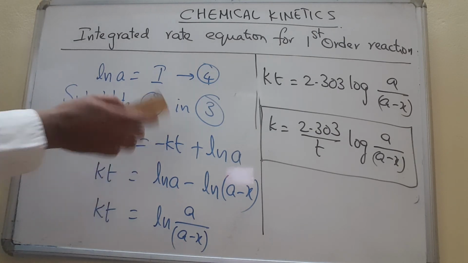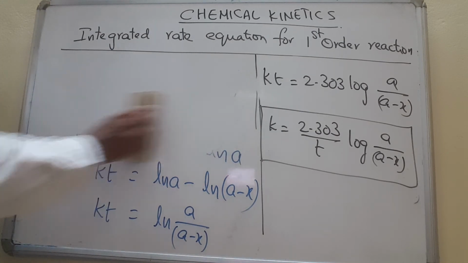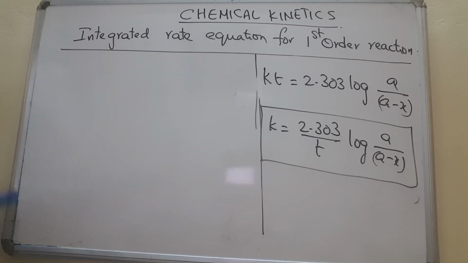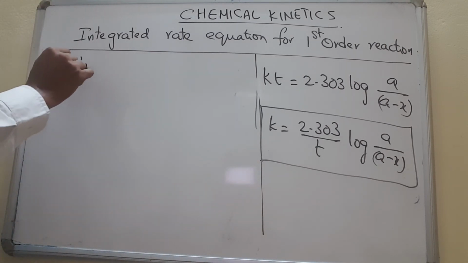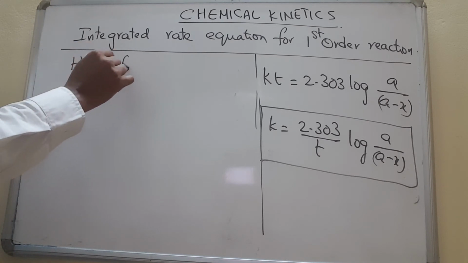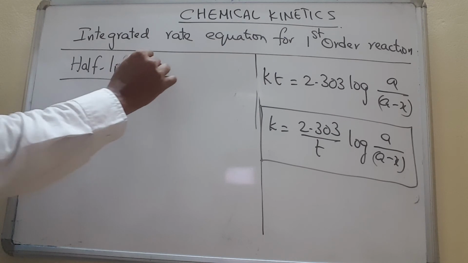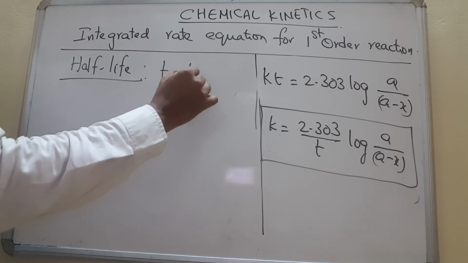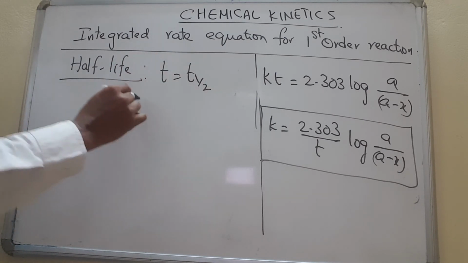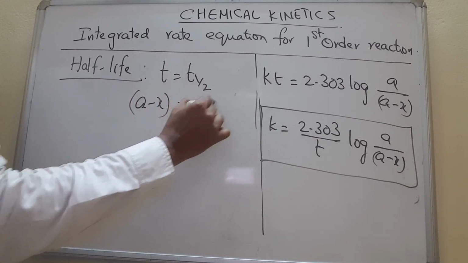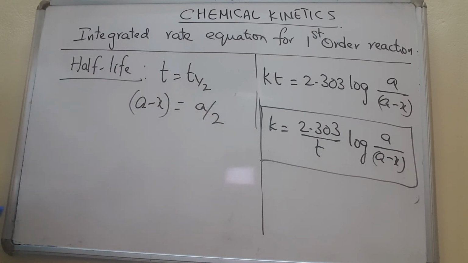Then I am going to discuss half-life. What is the half-life of the reaction? Half-life is the time required to consume half of the initial concentration. At half-life, t is considered as t half. a minus x, the concentration at time t, is equal to a by 2, because initial concentration is a and 50% is consumed.